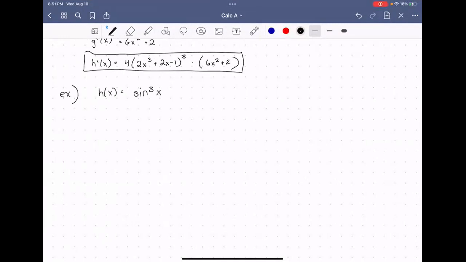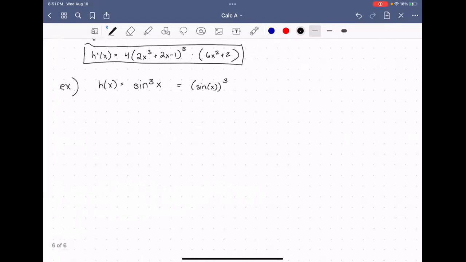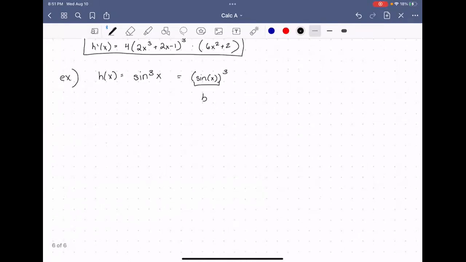Another way you can rewrite this would be... Okay, so let's treat sine like it's just a number. Let's call it b. So then it'd look like b cubed.